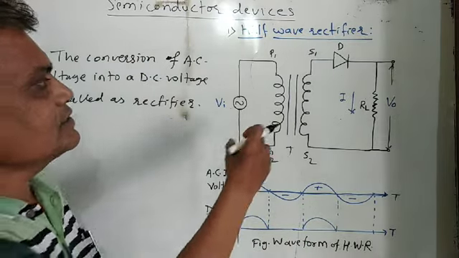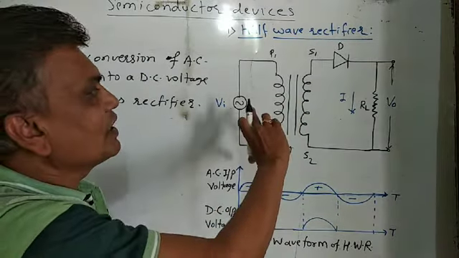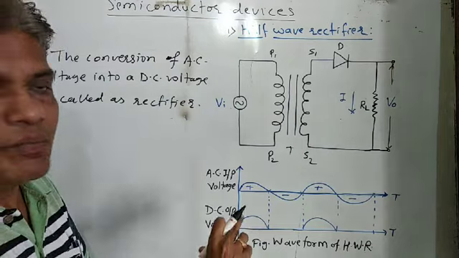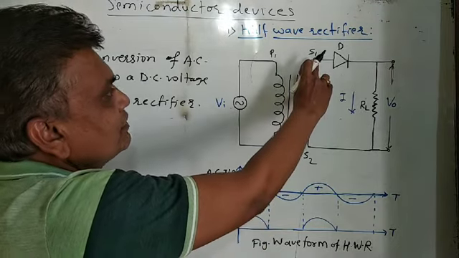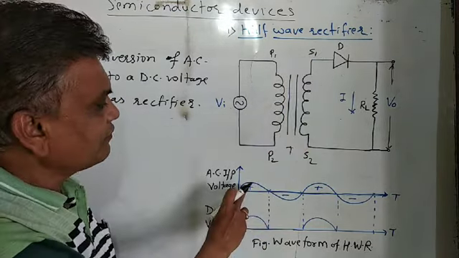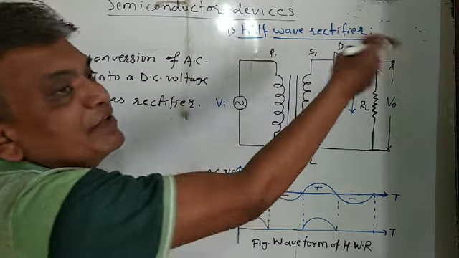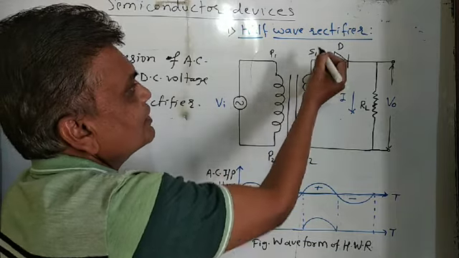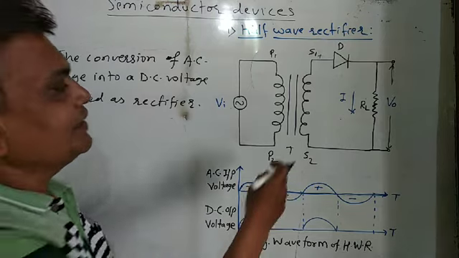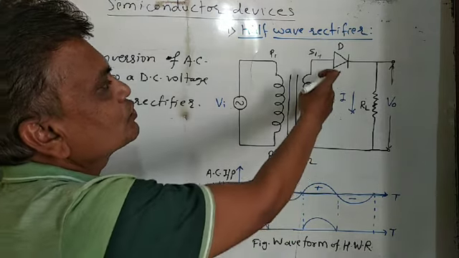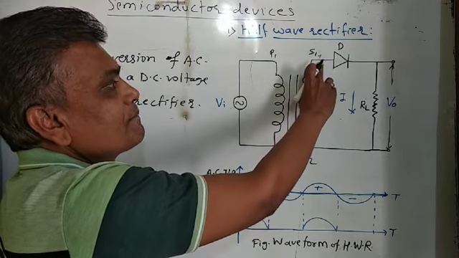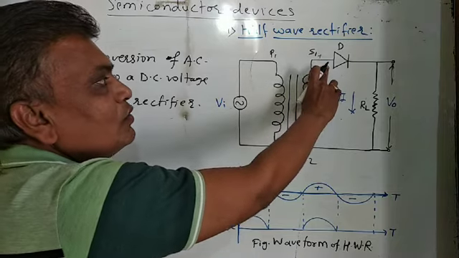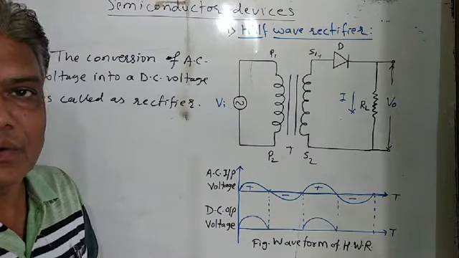If we apply the AC voltage to the primary of the transformer, then for the first positive half cycle, S1 becomes positive and S2 becomes negative, so this is the anode of the diode and this is the cathode of the diode.